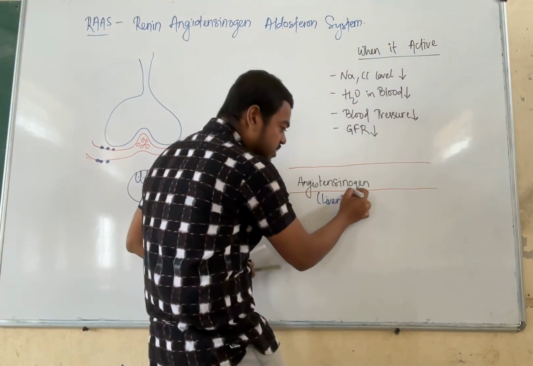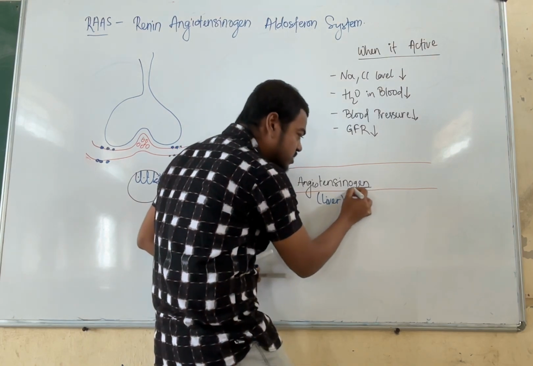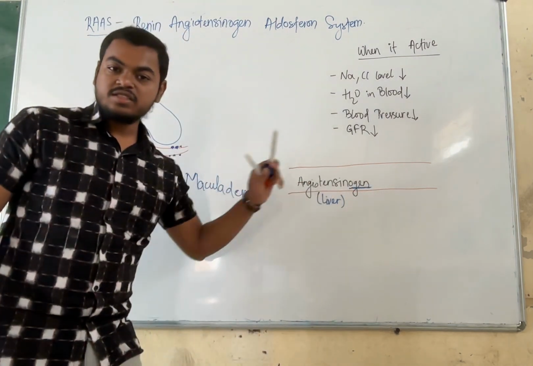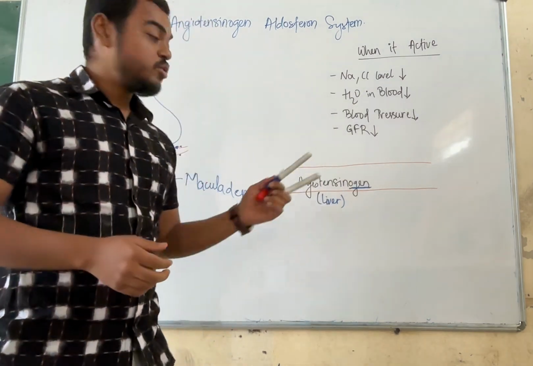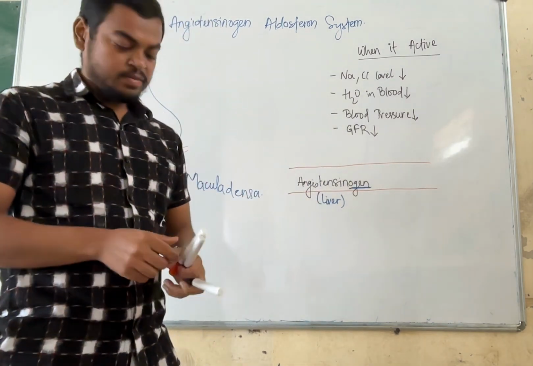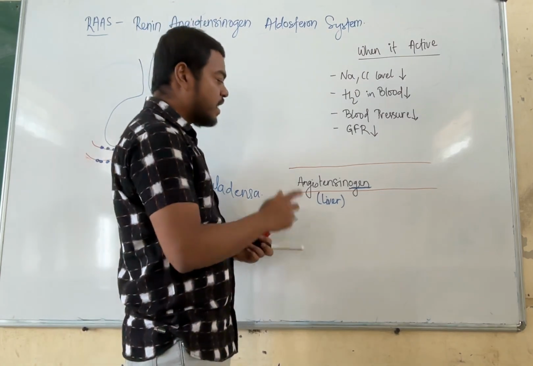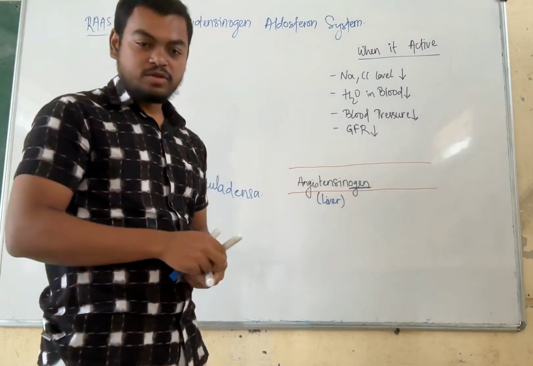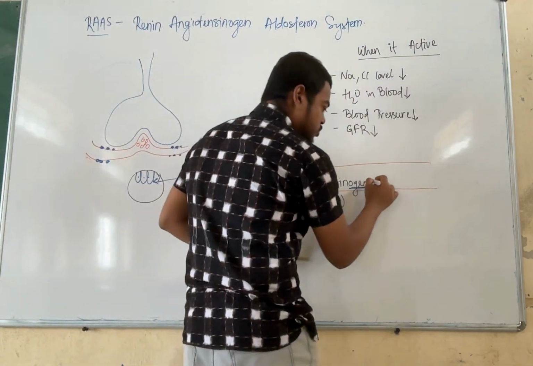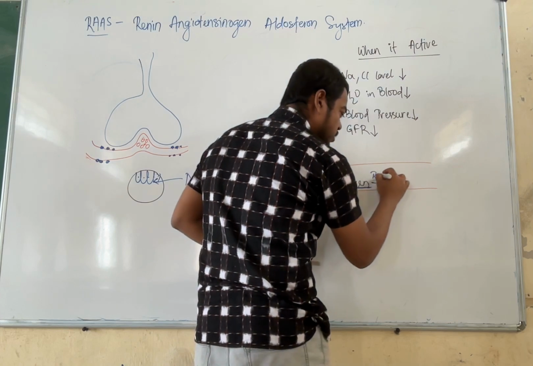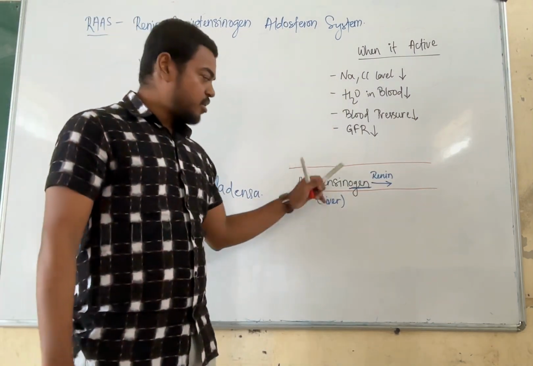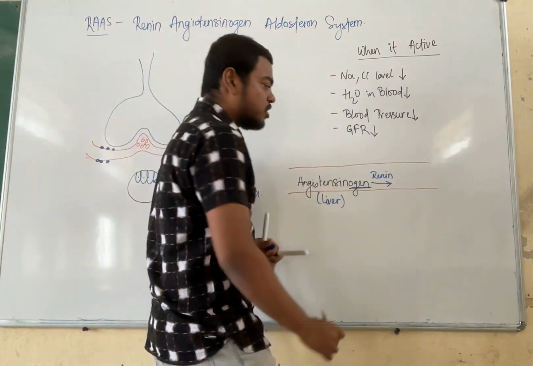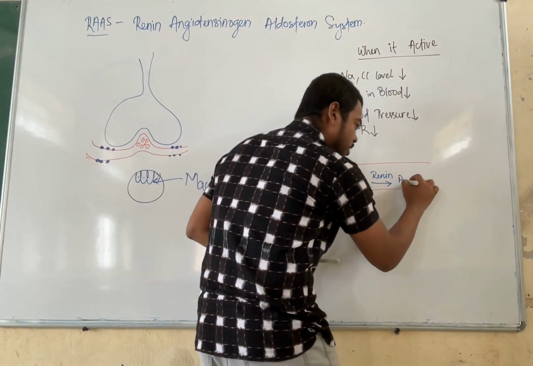Here it is inactive; the "ogen" is there at the end. So this is an inactive protein, and we have to activate it. Renin helps in the activation of angiotensinogen, and it is converted to angiotensin 1.